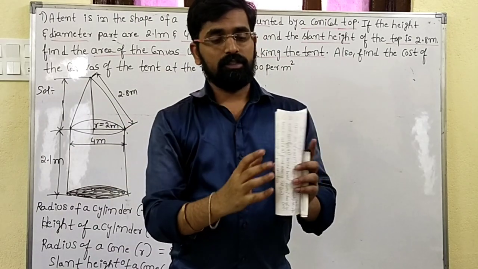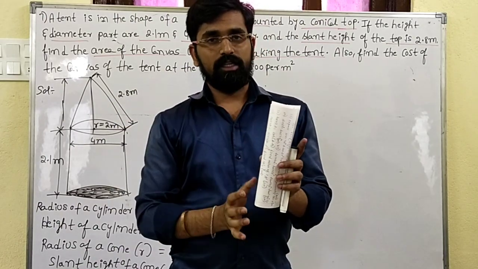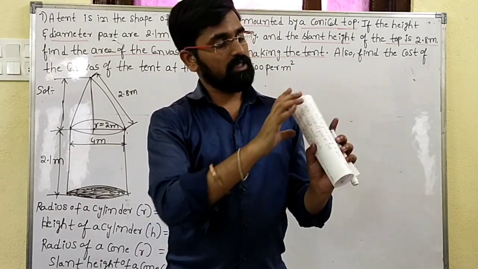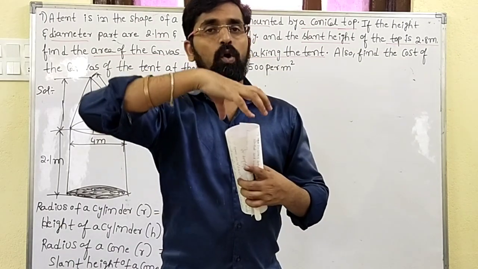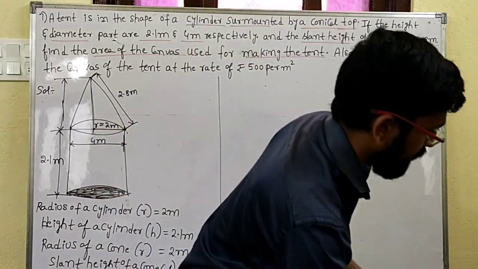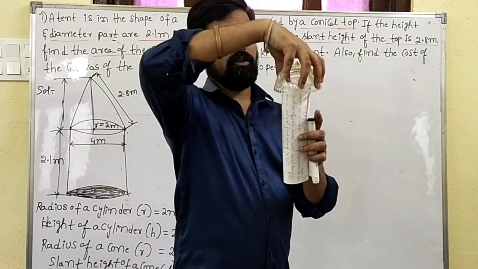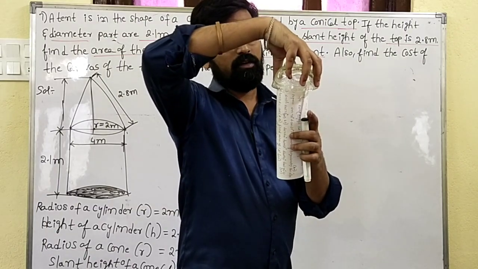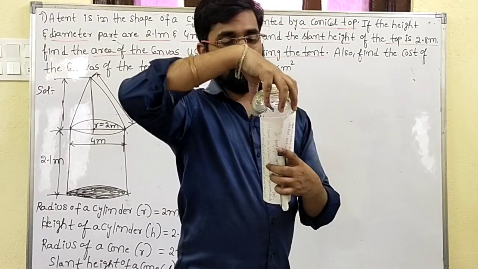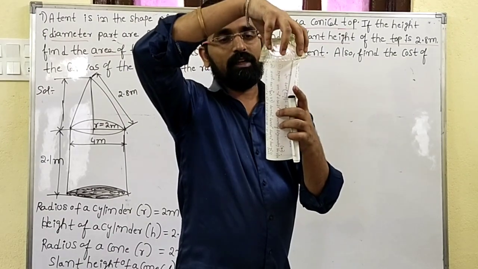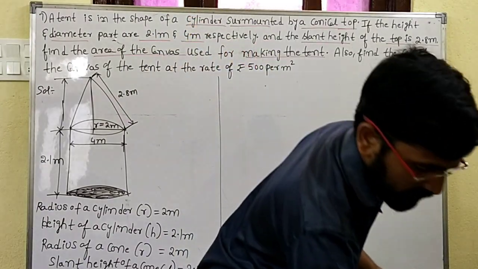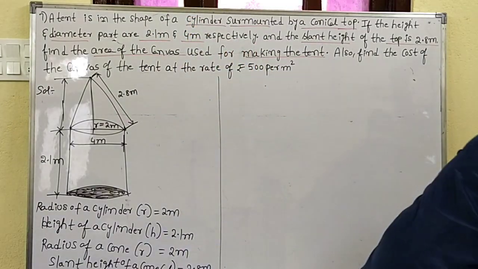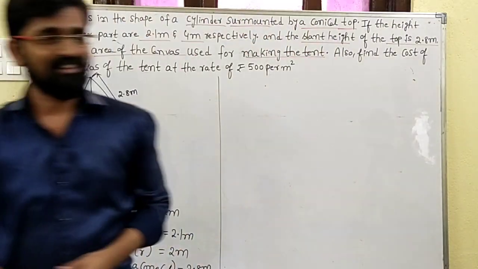So we need to find this total TSA. TSA means CSA of the cylinder plus CSA of the cone. CSA of the cylinder plus CSA of the cone gives rise to the total TSA.